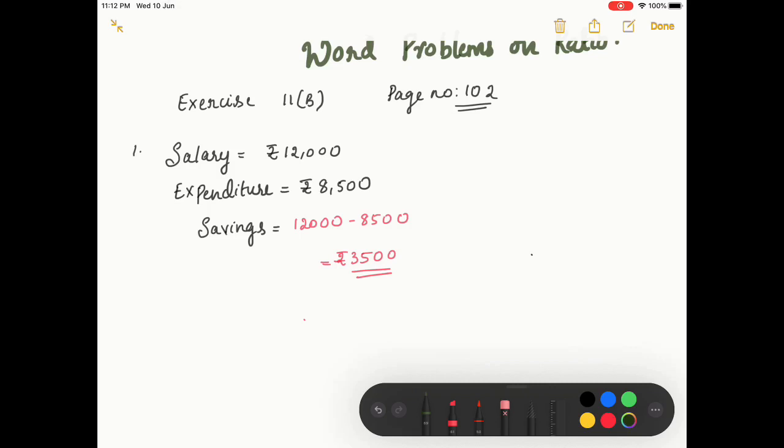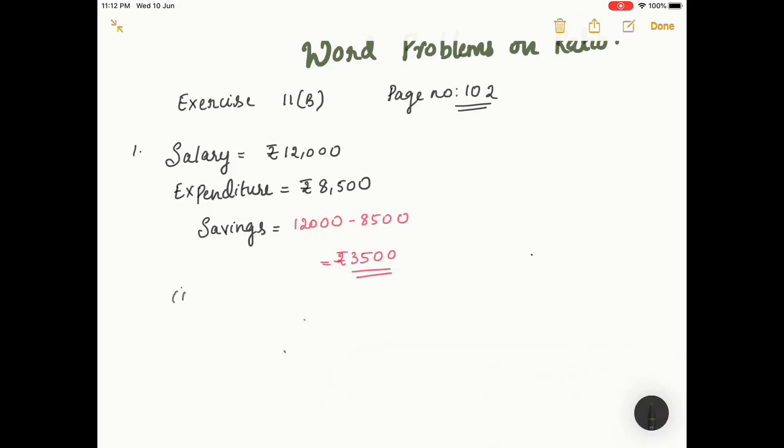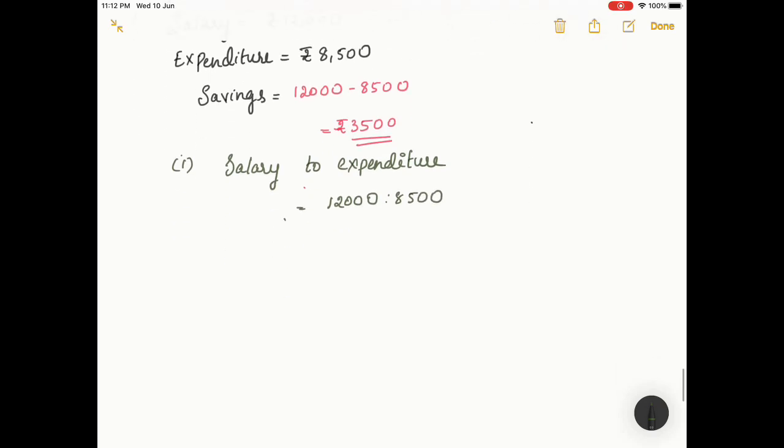Okay. Now let's have a look at the first sub question. The first sub question is: ratio of salary to expenditure. So, salary to expenditure is 12,000 is to 8,500. So, let us find out.